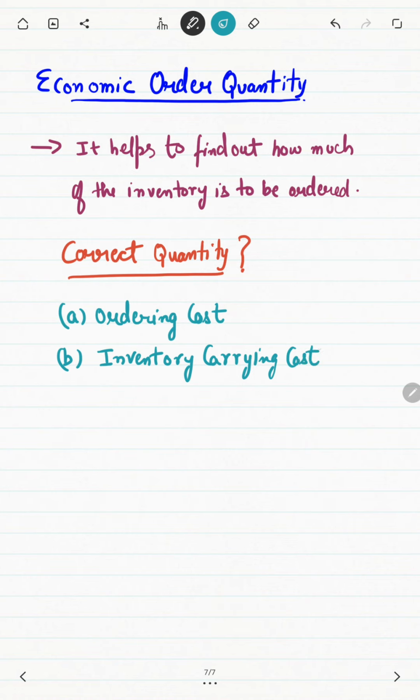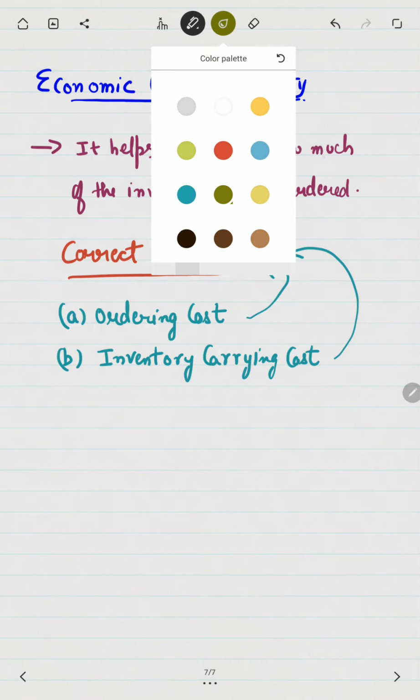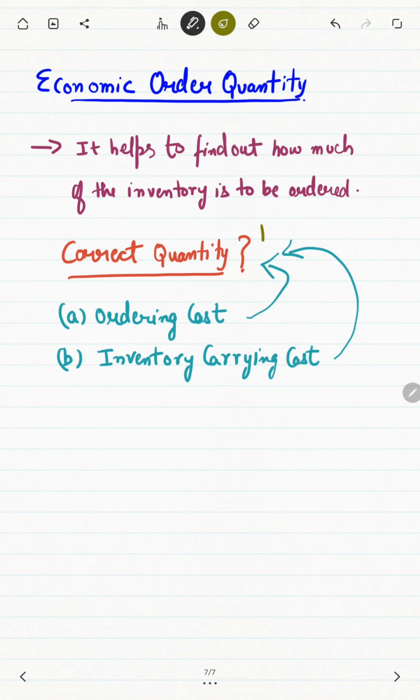Both of these should be minimum for the correct quantity. Now how to measure this minimum cost? To measure this minimum cost, we have many methods.